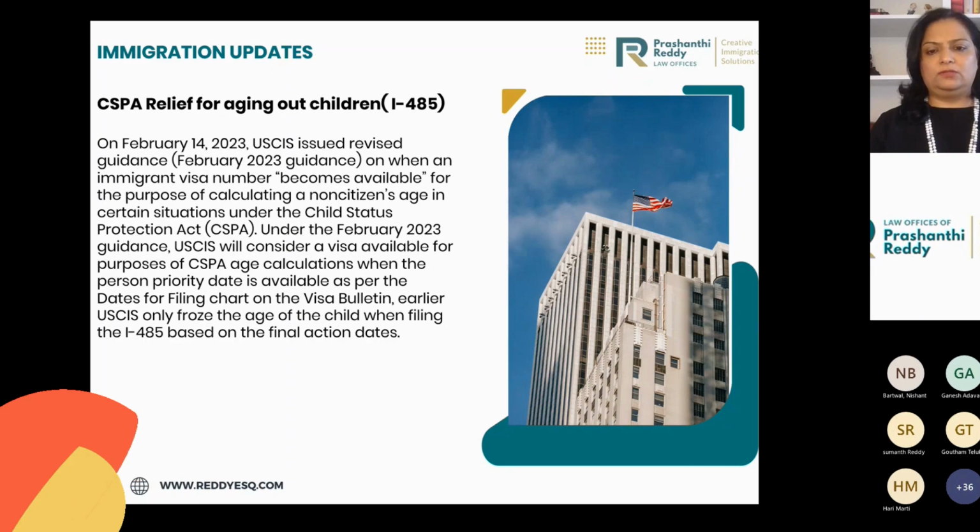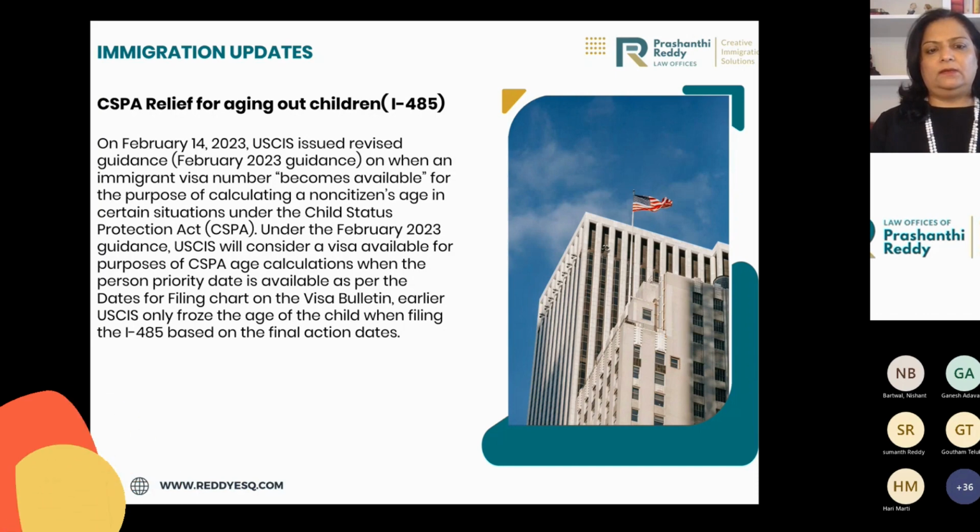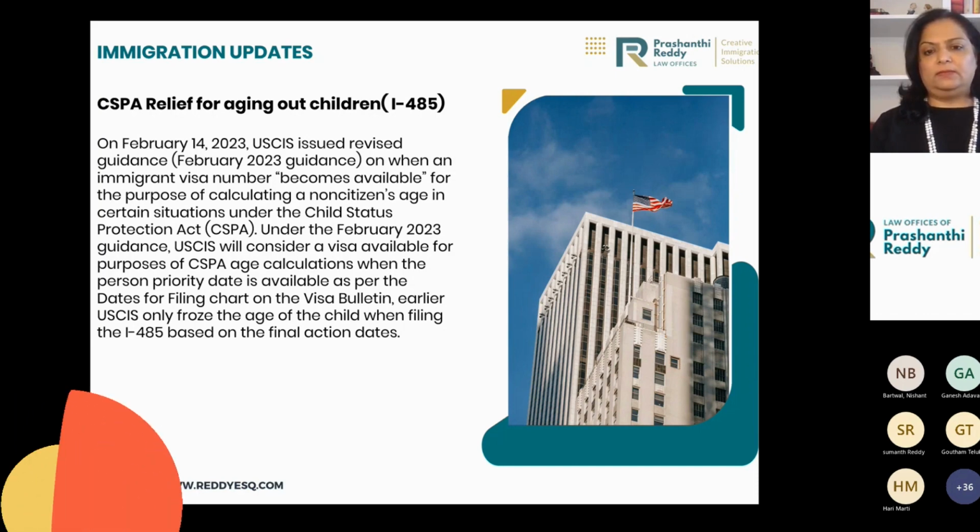So those children aged out, even though they filed the 485 before they turned 21. While the 485 was pending, because the dates didn't move and they couldn't get the final approval, they aged out. So those 485s were denied.